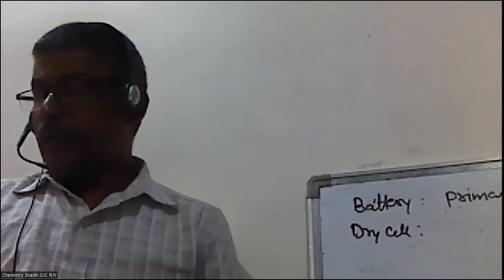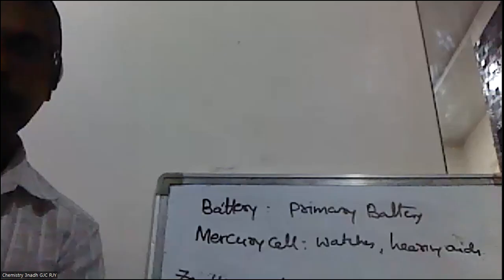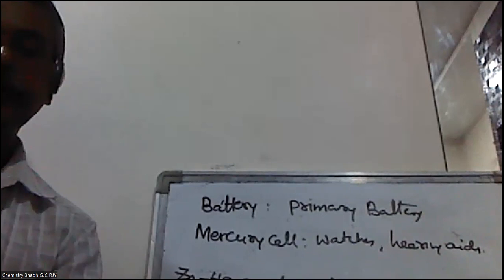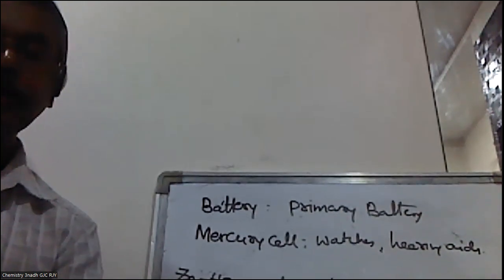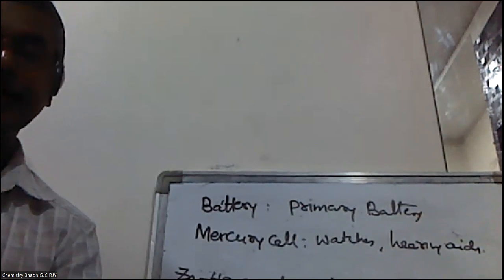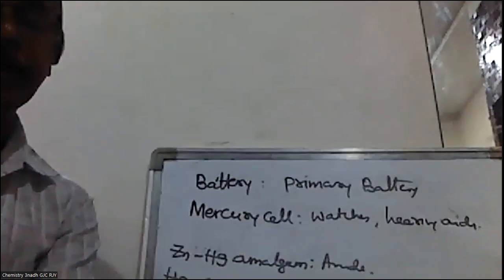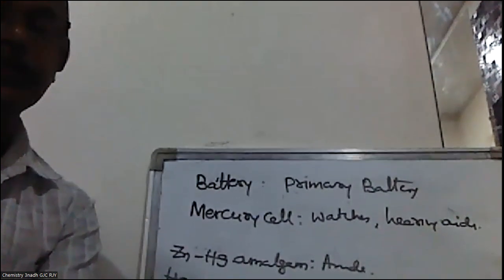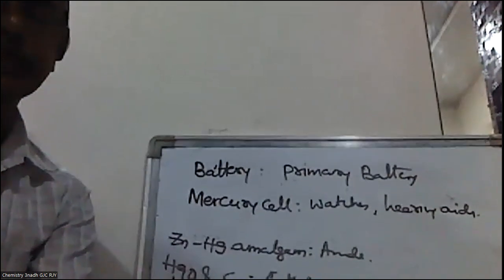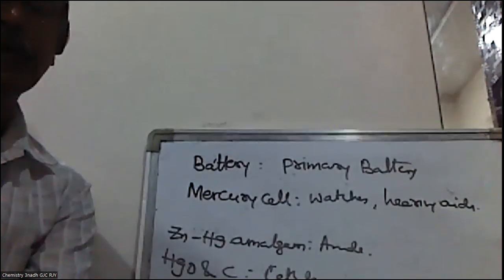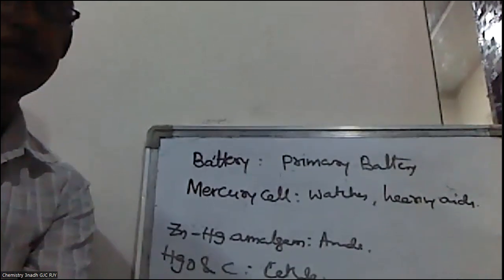Another example for a primary battery is the mercury cell, which is mainly used in watches and hearing aids. In this mercury cell, zinc mercury amalgam is used as the anode, and a mixture of mercuric oxide and carbon is used as the cathode.